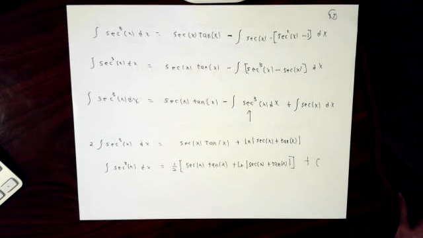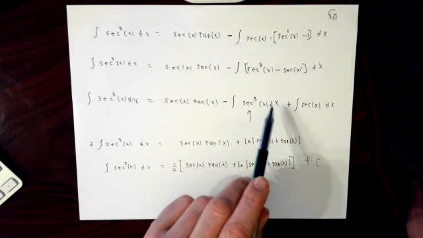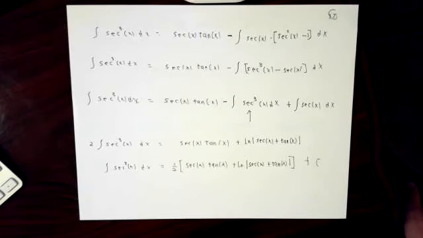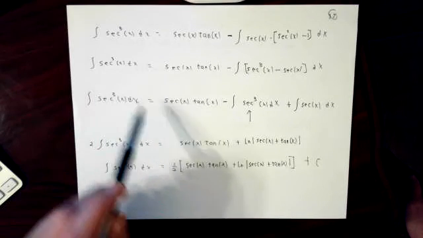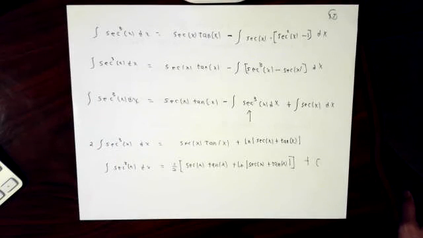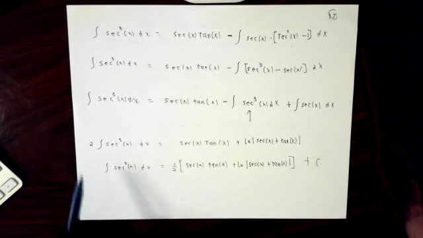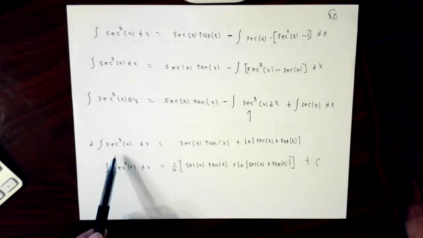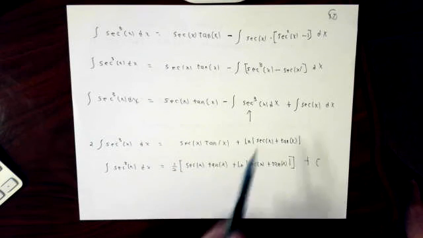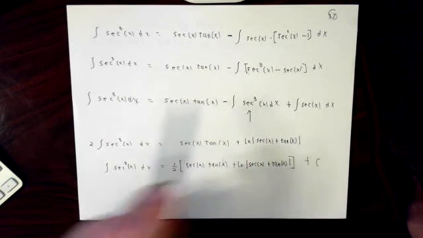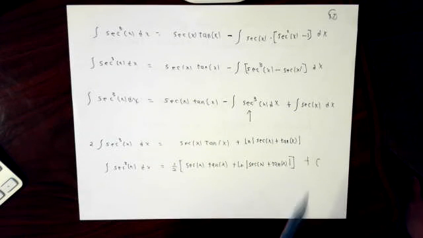And at first glance, it looks like some sort of disaster has happened because it looks for a moment like I need to know the integral of secant cubed in order to figure out the integral of secant cubed, which would be bad, but that's not the case. Add this term to both sides, and you get 2 times the integral of secant cubed is secant x tangent x, plus the integral of secant x, which has been moved over to the other side of the equation.